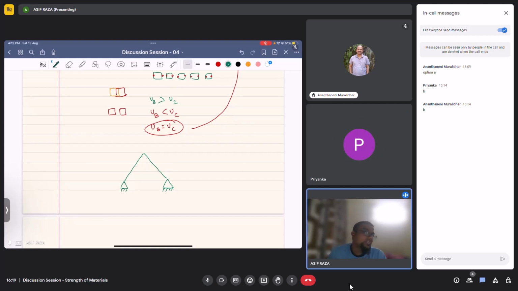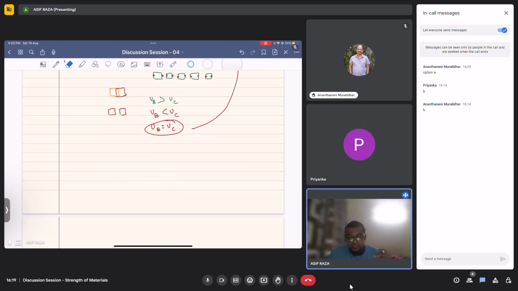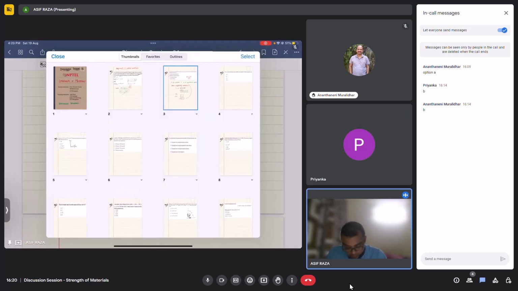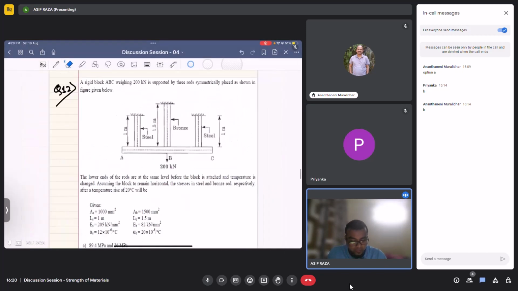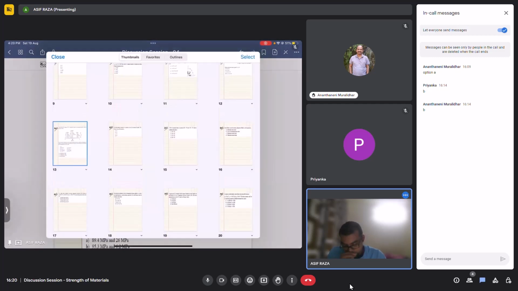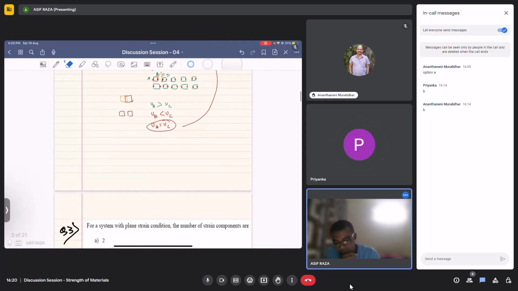Is it symmetry or something like that? No sir, it will remain rigid, but it will be inclined while deforming. So he used similar triangles for deformations. Okay, I got your point. Let me see. Kind of like this kind of problem? Yes sir, similar to that. There's a question there was there.